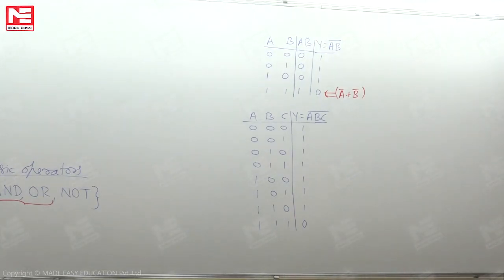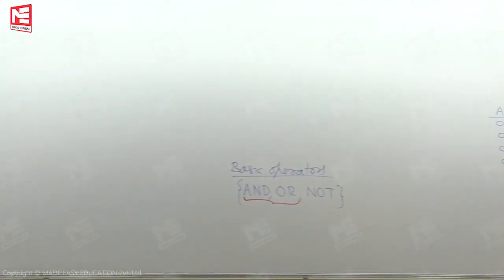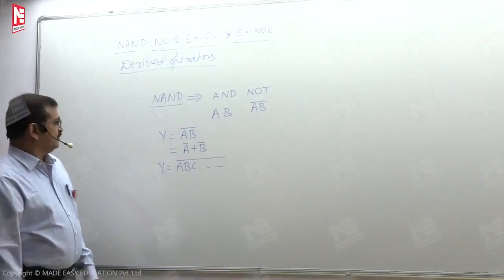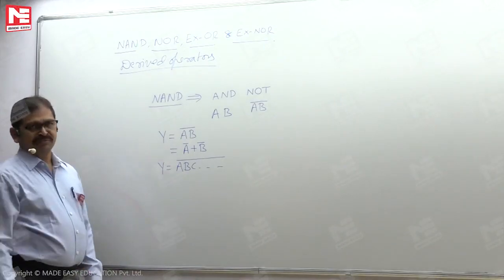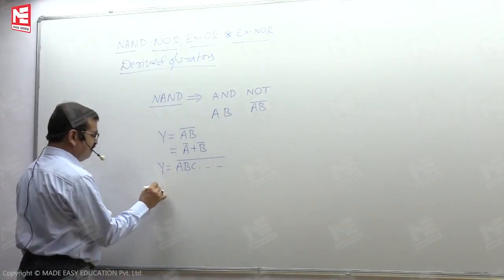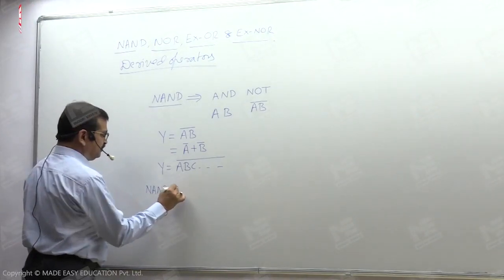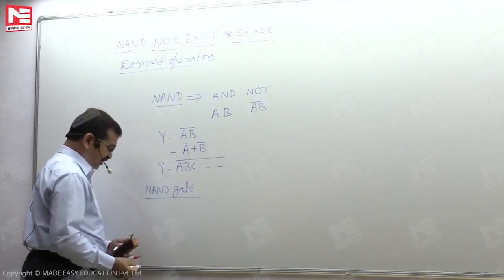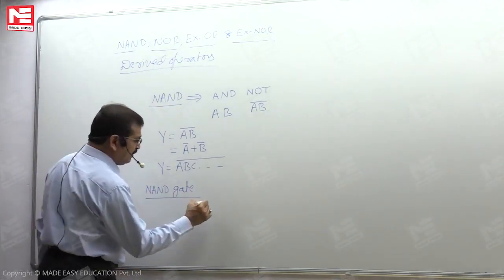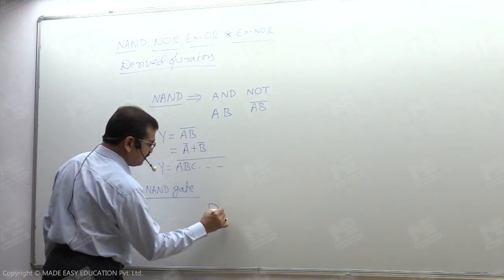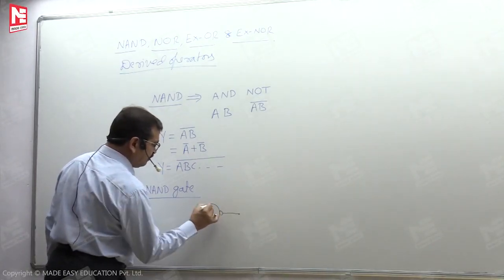Or, by using De Morgan's law, it is A complement or B complement. To perform this NAND operation, the logic gate is the NAND gate, which we represent symbolically with this symbol.